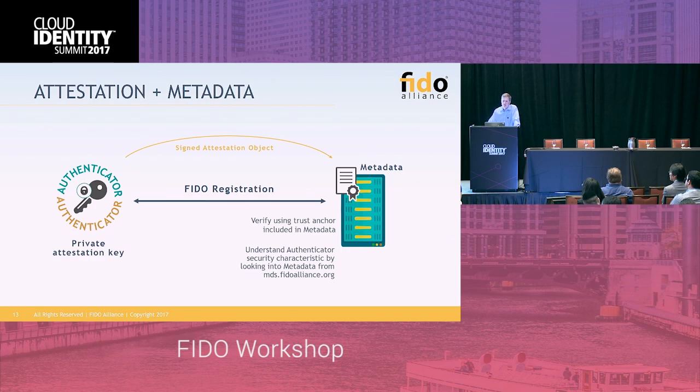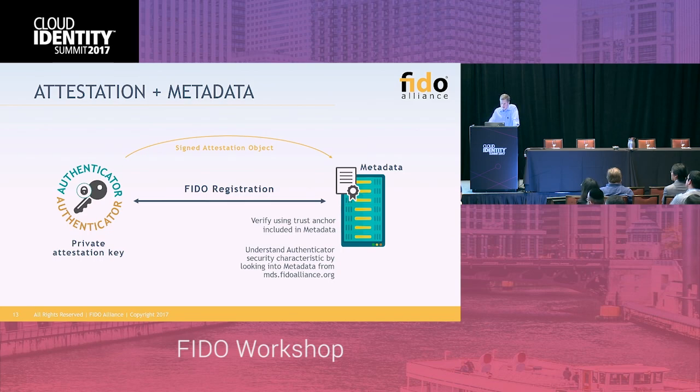It basically tells you what the device is about: it's a TPM chip by this particular company, and it's this revision of the particular TPM chip. The attestations get sent upon both registration and authentication, so that you can always tell what type of device the user is authenticating with.